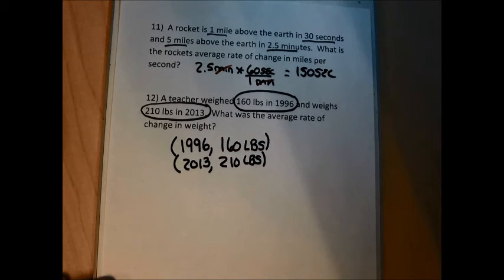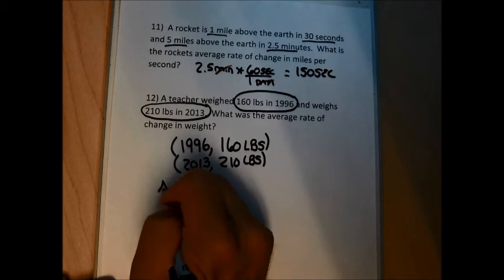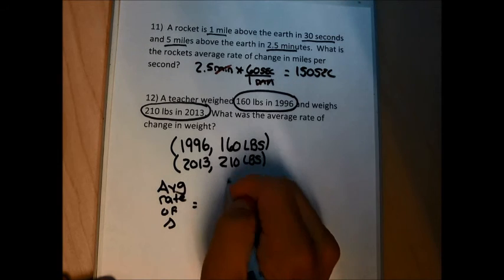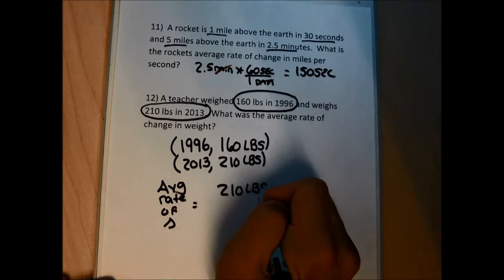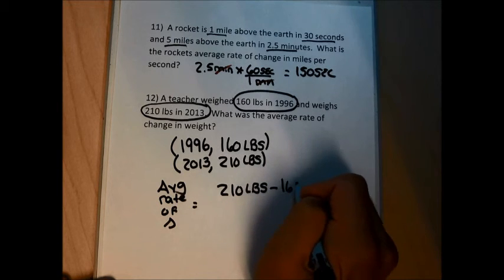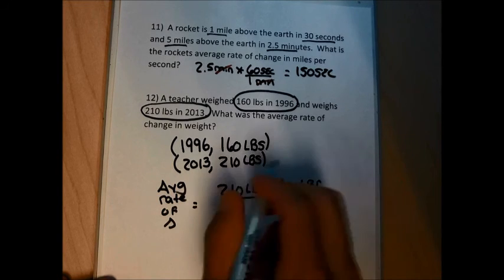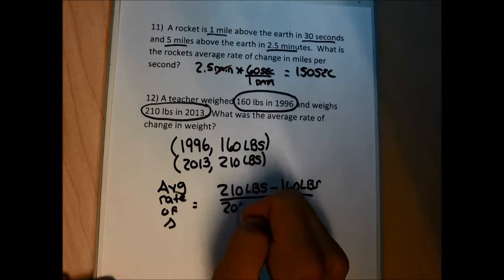And so my average rate of change is going to be the y2, which is the 210 pounds, minus y1, which is 160 pounds. And then the year 2013, I didn't know what I was going to write there.